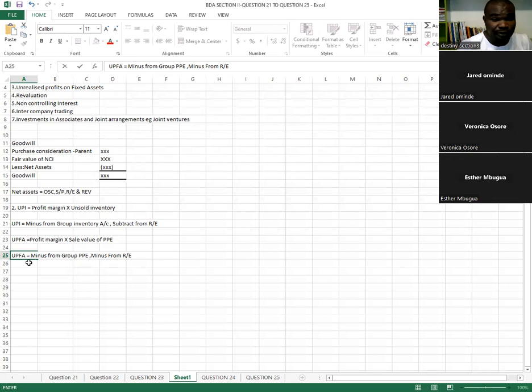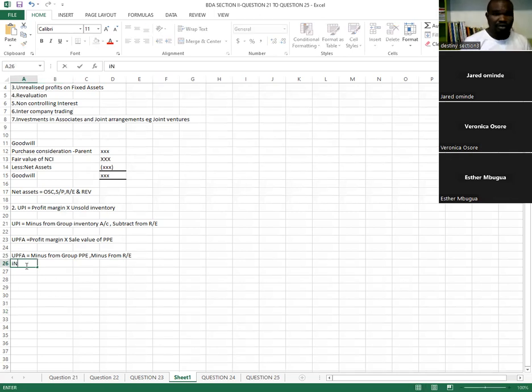That is how you adjust for the unrealized profit on fixed assets. So in that question, I saw it also. It was there. So you calculate it, subtract it from the PPE when you are doing presentation, then subtract it also from retained earnings.